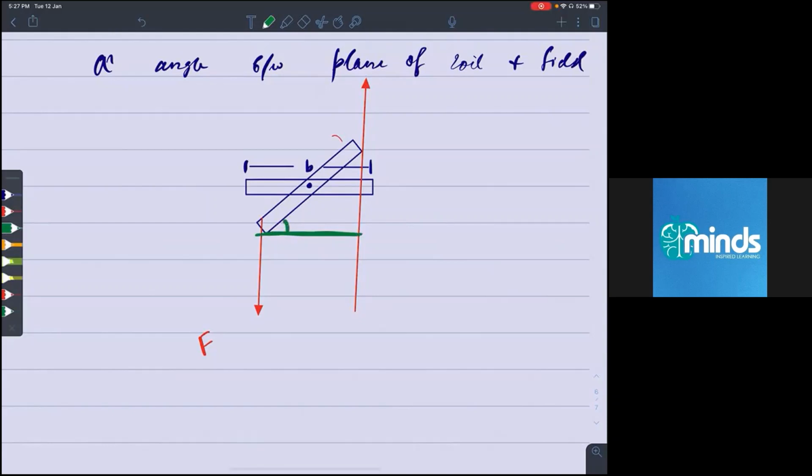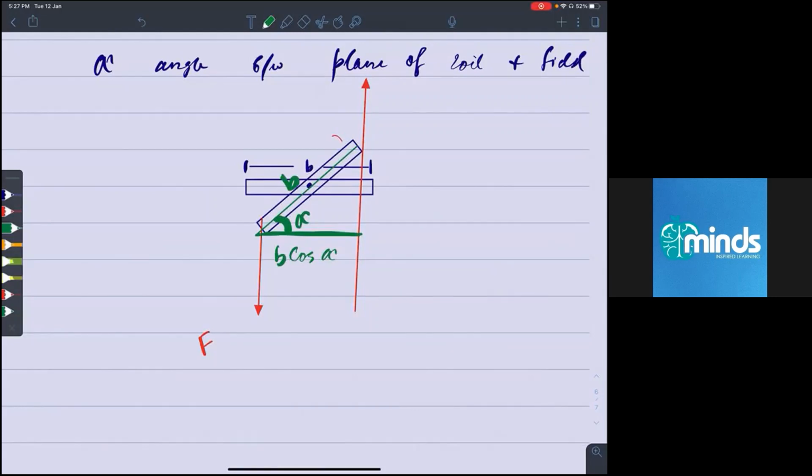Now, if you have an understanding of vectors, you will surely agree. So this side is B. This angle is alpha. So if I need this distance, it should be B cos alpha. Are you getting it? Yes, sir.